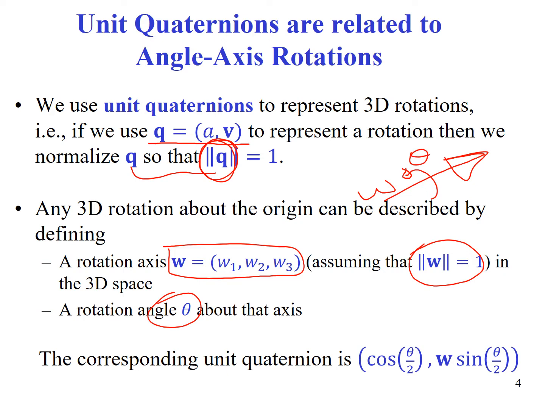And the corresponding unit quaternion will look like this: cos theta by 2, comma, w, which is a vector, times sine theta by 2. And hence it has 4 values, 3 values coming from w and 1 value as the constant value cos theta by 2.